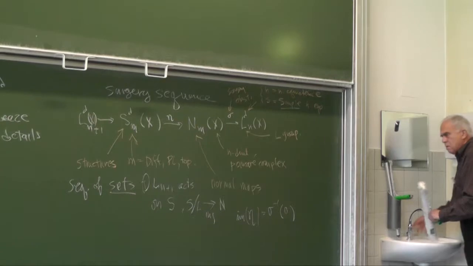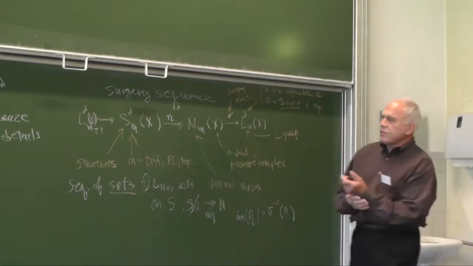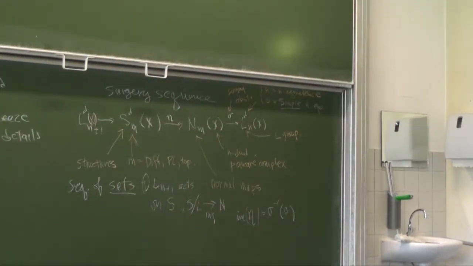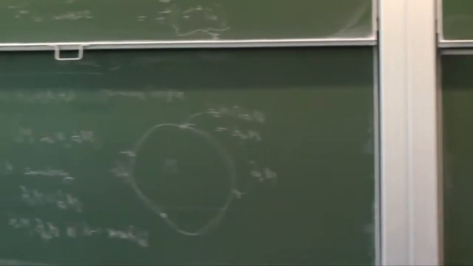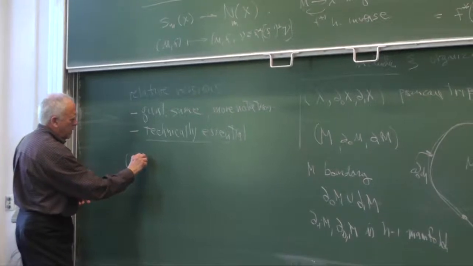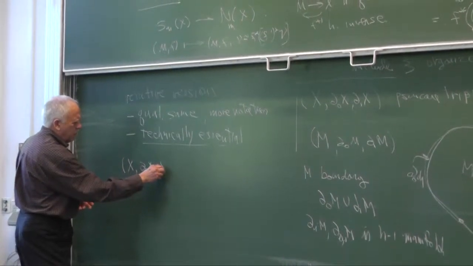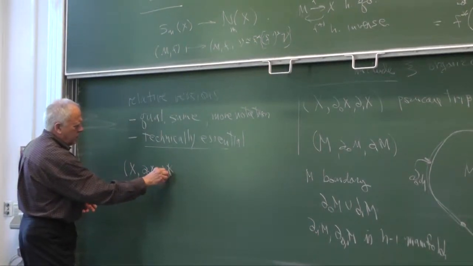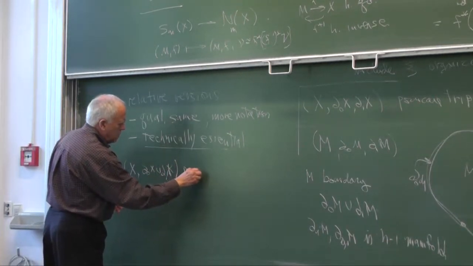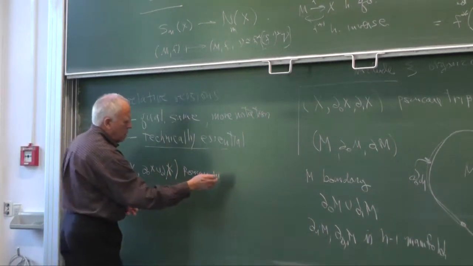Well, maybe I can finish the sentence. So a Poincaré triple is the same sort of thing. X, boundary 0 X union boundary 1 X is a Poincaré pair with a boundary.